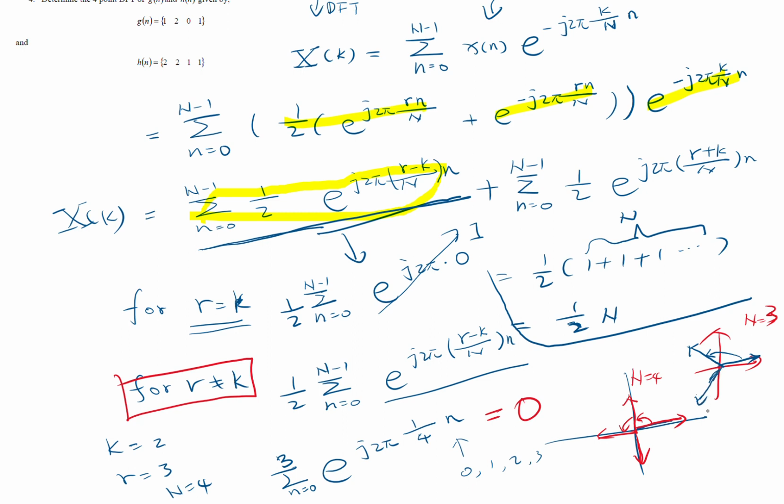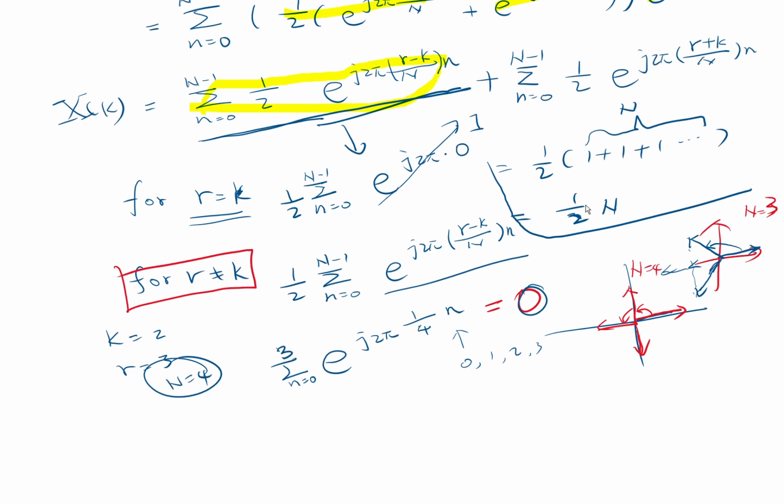So you split into 3 parts, and if you add all 3 together, they cancel each other, still equal to 0, no matter how much n is. So in short, this first term, when r equal to k, equals a half n. When r is not equal to k, then this term equals 0.